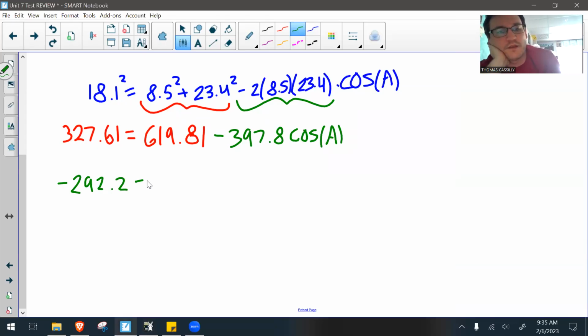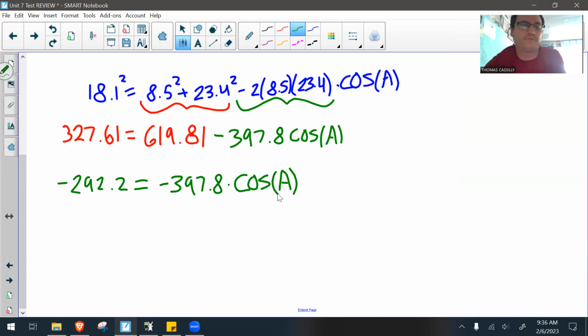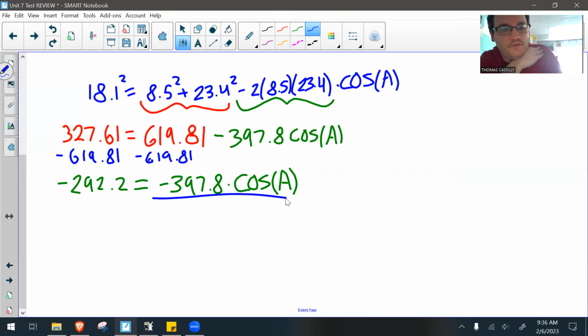Okay, that equals -397.8 times the cosine of A. All right, so how I got there is I subtracted 619.81 on both sides. Now divide both sides by the -397.8.